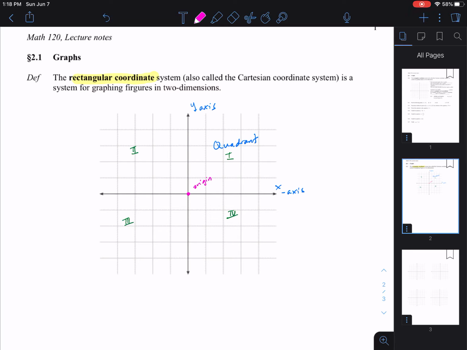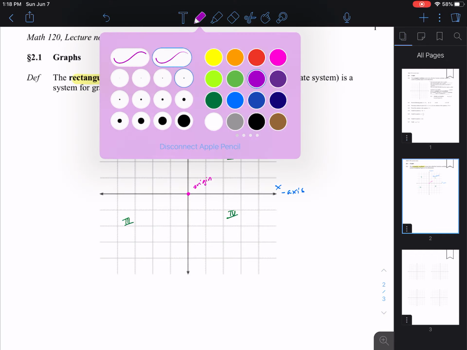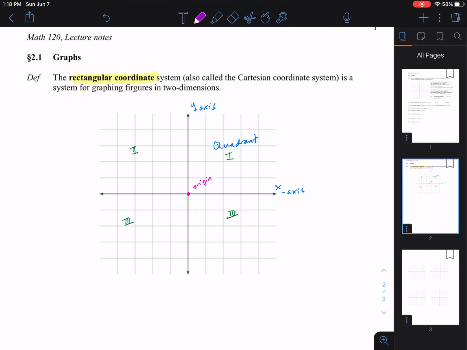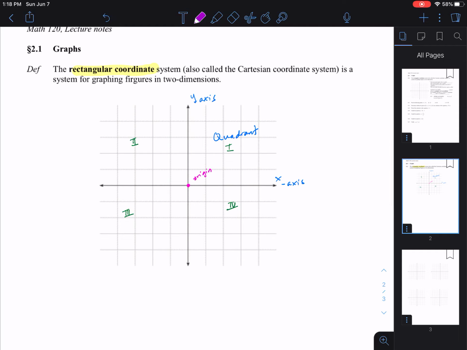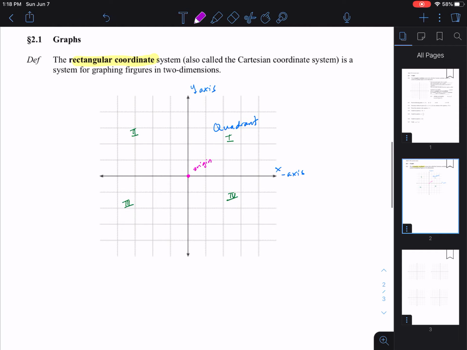So the x-axis actually has two real number lines kind of combined together. So in the horizontal axis or the x-axis, we have the scale go from negative to positive. So if this is 0, then this would be positive 1, positive 2, 3, and so forth.